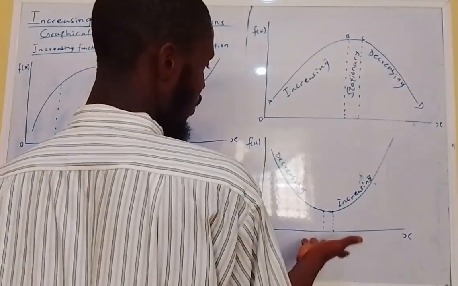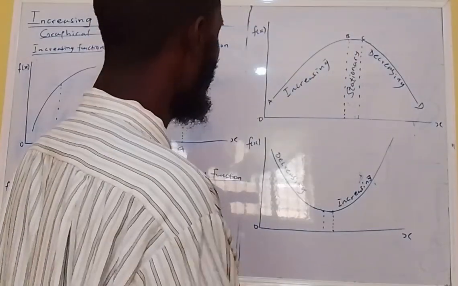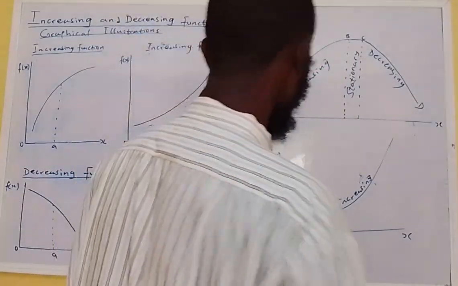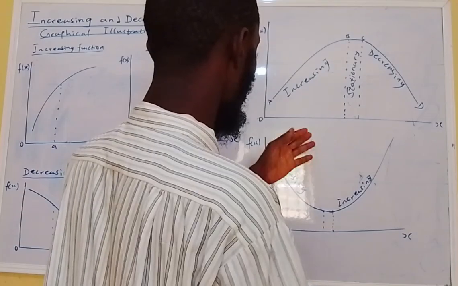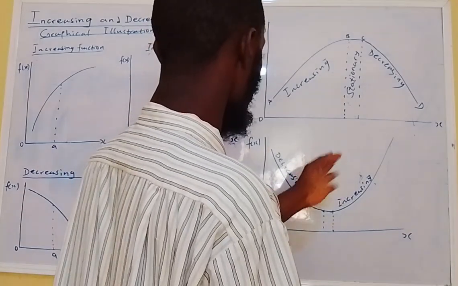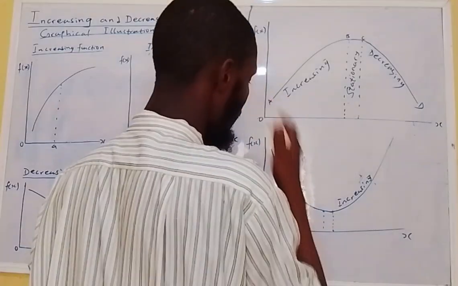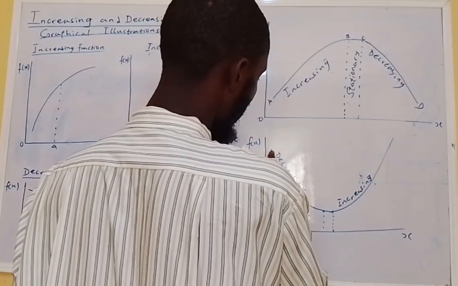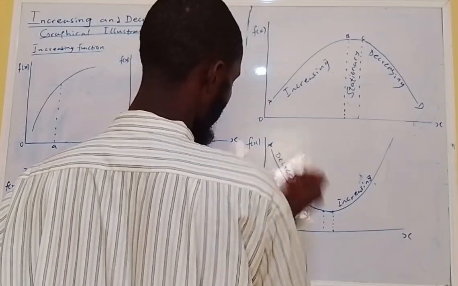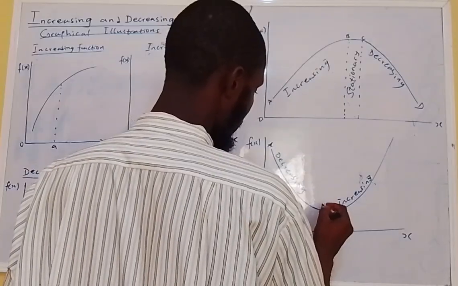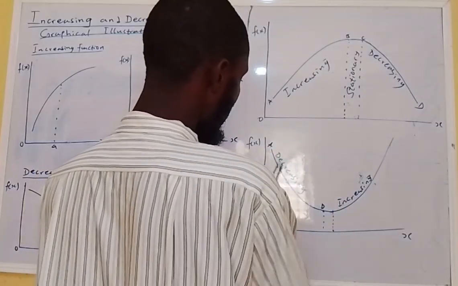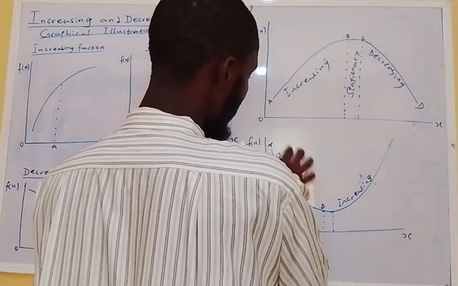So this is another version of this graph. While this one is another version of this curve. Now, if you look at this one, from A to B, as we move from left to the right, we see the graph is falling.